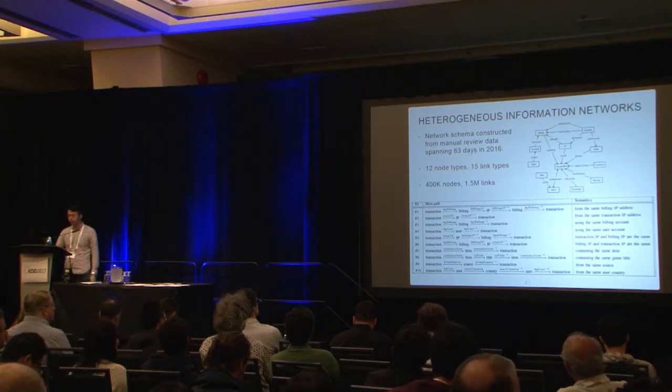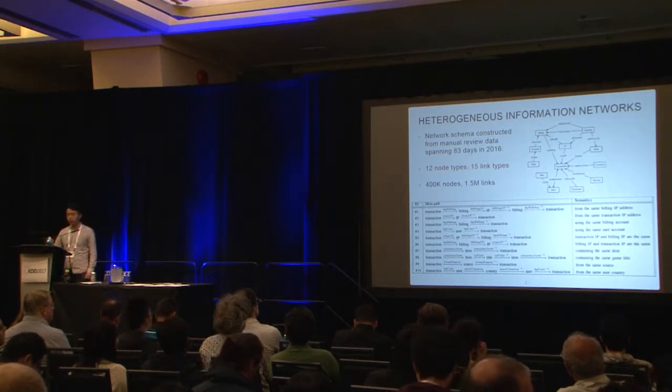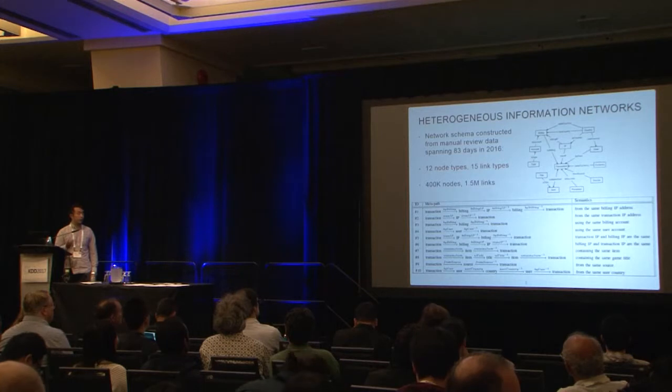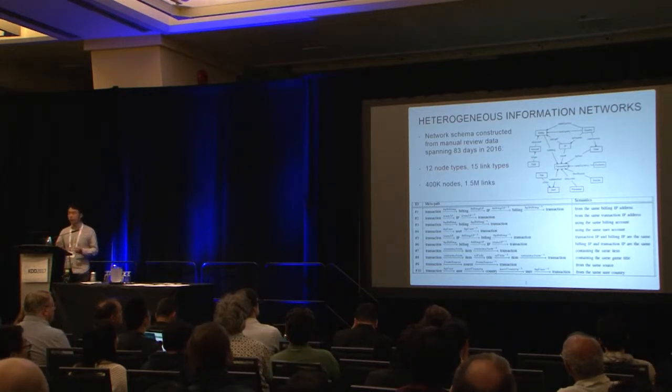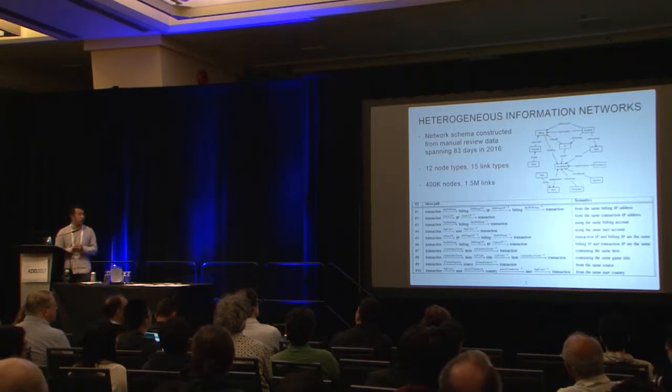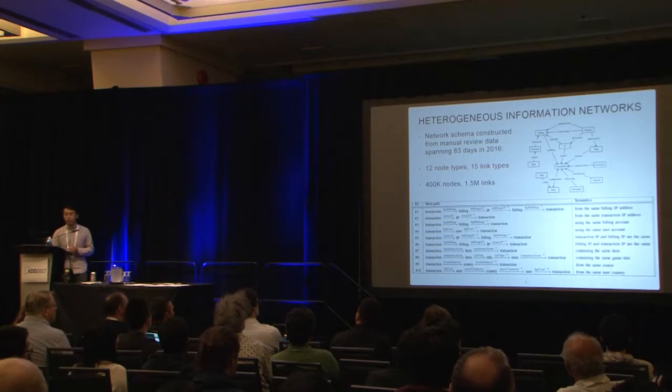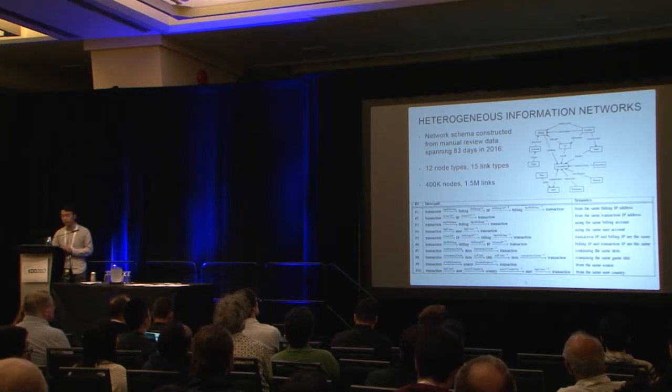So one interesting question we can extract from this network schema is how we define the similarity between different transactions. The idea we use here is the so-called metapath. A metapath is a sequence of multiple different link types. For example, we can connect two different transactions based on metapaths using different semantics.